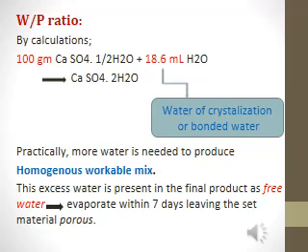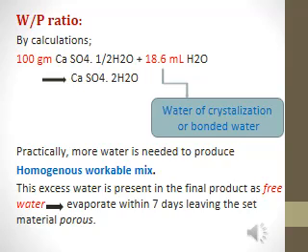So this 18.6 milliliter of water is termed water of crystallization, or bonded water, because only this amount of water is required for the setting reaction, for the conversion of the hemihydrate to dihydrate. This water bonds to the calcium sulfate hemihydrate and forms the dihydrate.